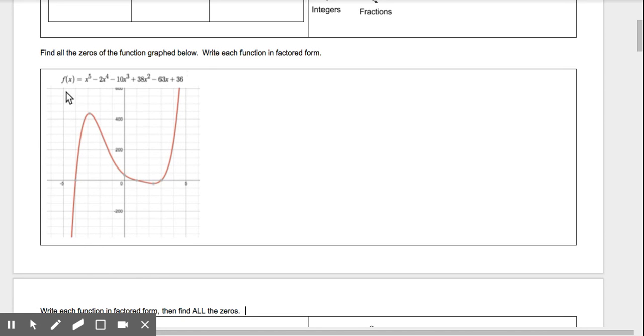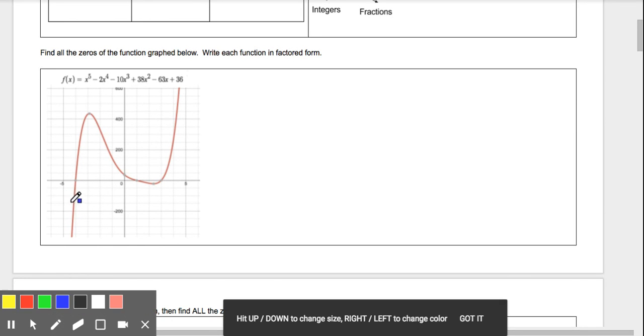This graph is for the function f of x equals x to the fifth minus 2x to the fourth minus 10x cubed plus 38x squared minus 63x plus 36. Since the degree is 5, we know that there should be 5 zeros.